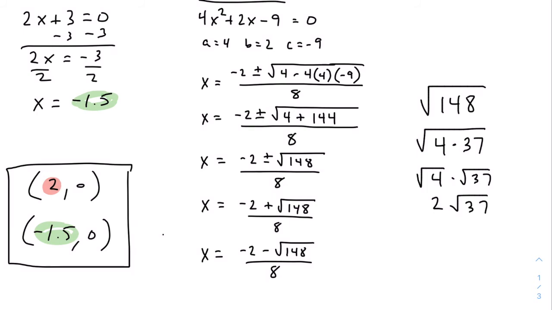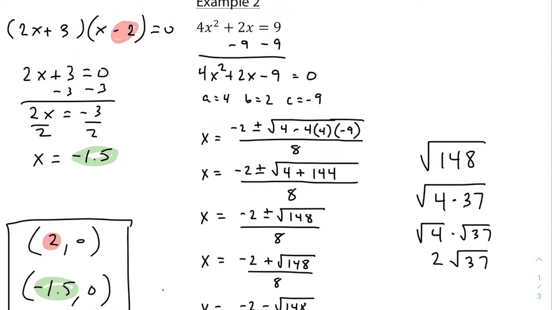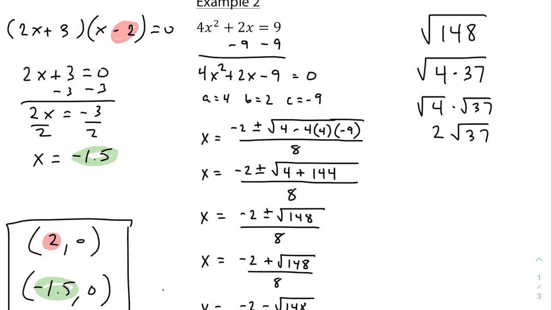So technically, my answer is going to use that 2 times the square root of 37. So this is going to become negative 2 plus 2 times the square root of 37 over 8. And this one is going to be negative 2 minus 2 times the square root of 37 over 8.